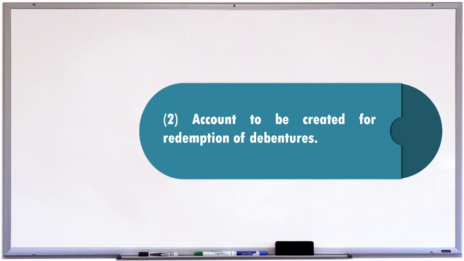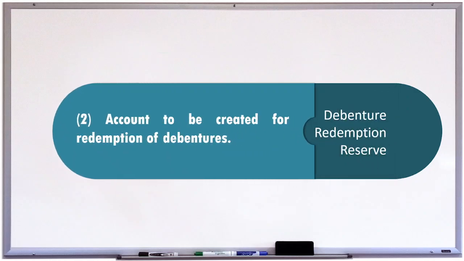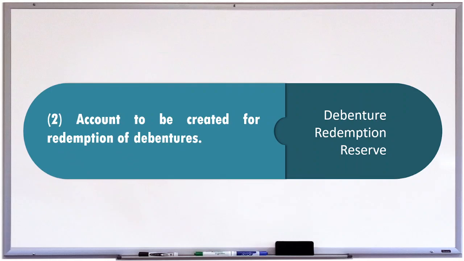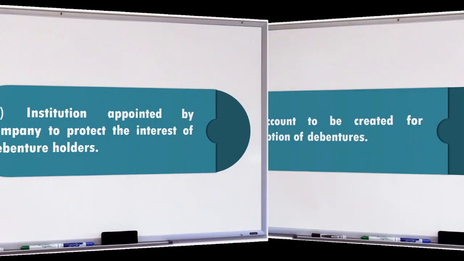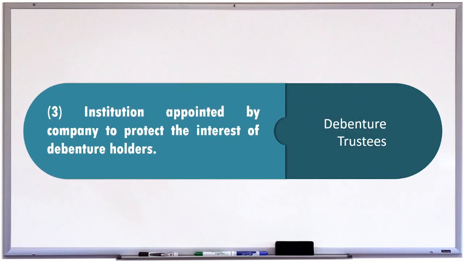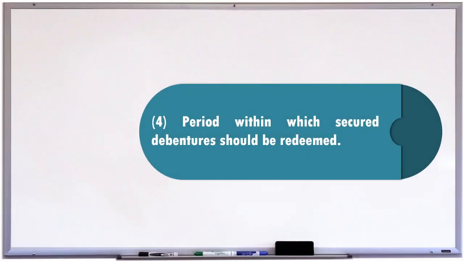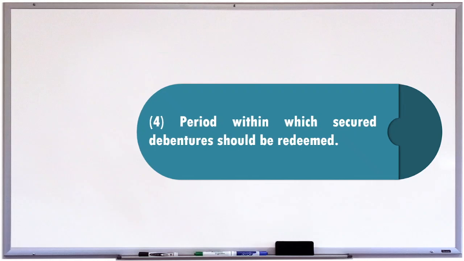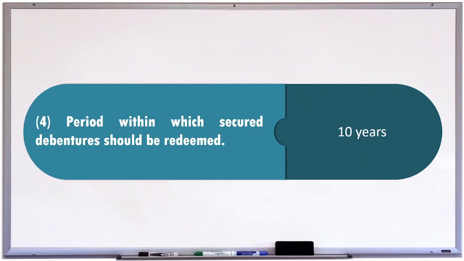And the answer is debenture redemption reserve. 3. Institution appointed by company to protect the interest of debenture holders. And the answer is debenture trustees. 4. Period within which secured debentures should be redeemed. And the answer is 10 years.